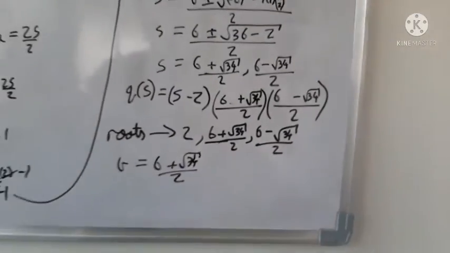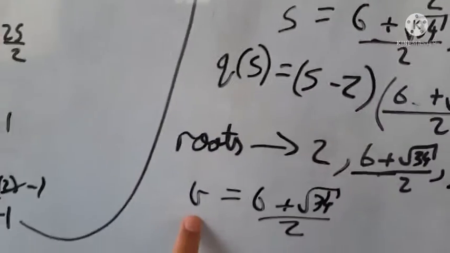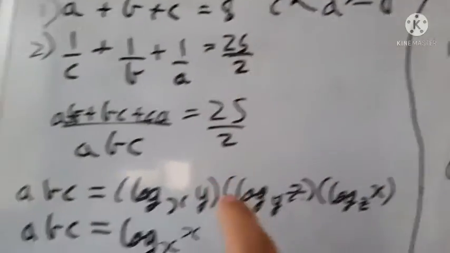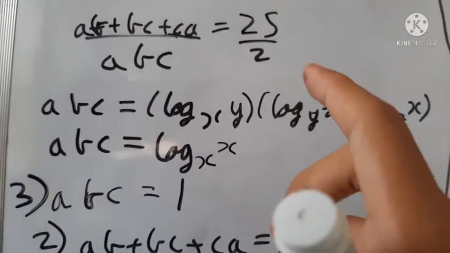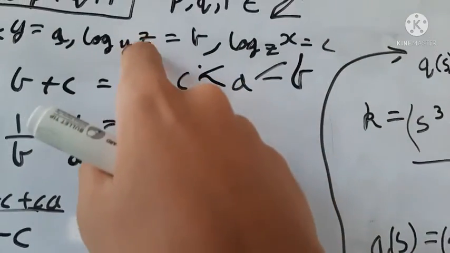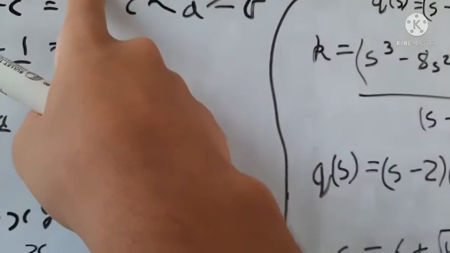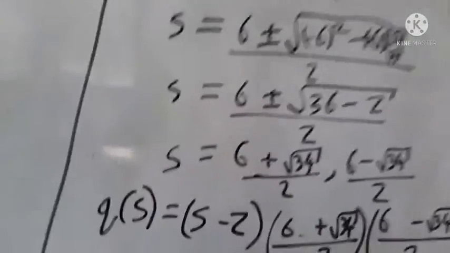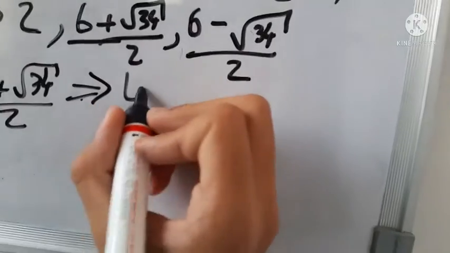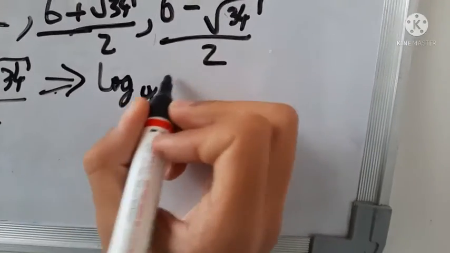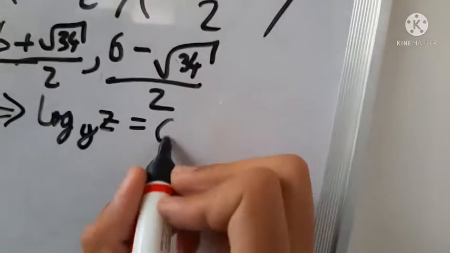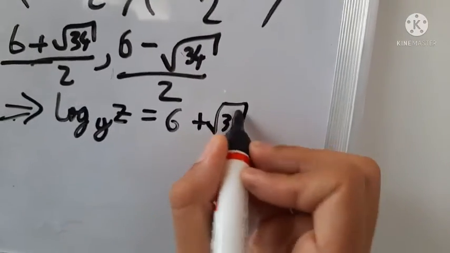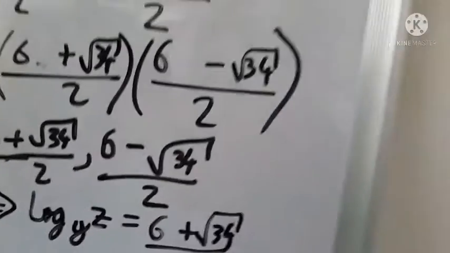Oh goodness gracious. And we know that b, as we set it in the starting, okay, where's b? My brain. Okay, yeah, there it is. So we know that b is equal to log base y of z, which is 6 plus root 34 over 2.